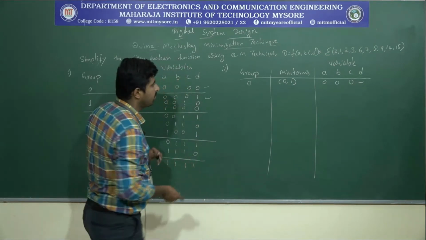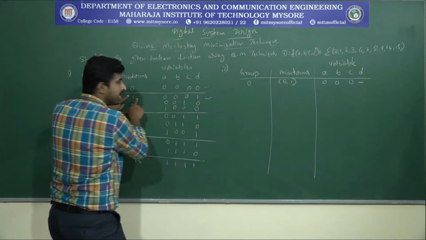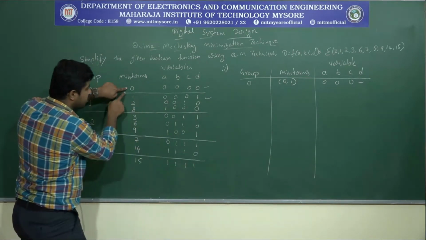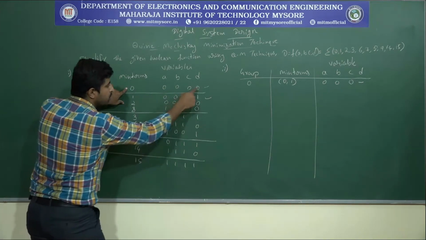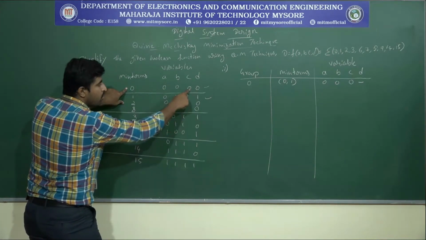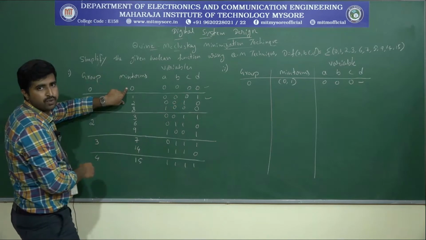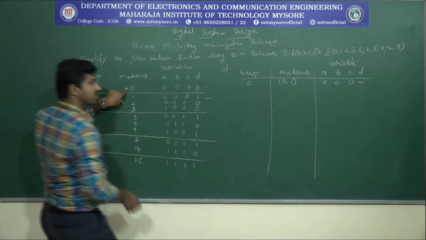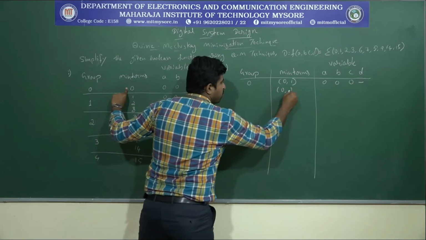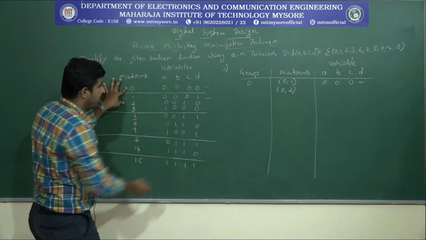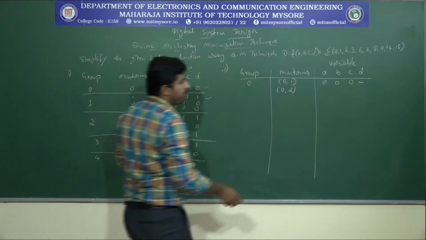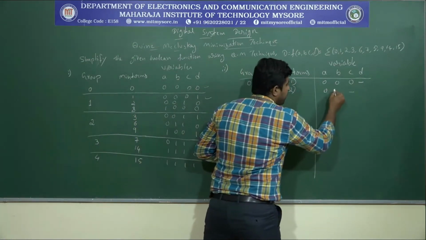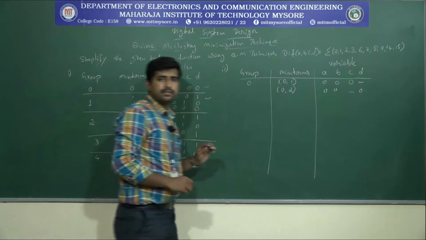Okay, so now 0 and 1 can be grouped. Let's compare 0 with 2. Can we group? Yes, because 0, 0, 0, 0 and 0, 0, 1, 0 have only one variable with a changeover. So 0 and 2 can be grouped, and the C position has the changeover, so that will be identified with a dash and the remaining will be written as it is.